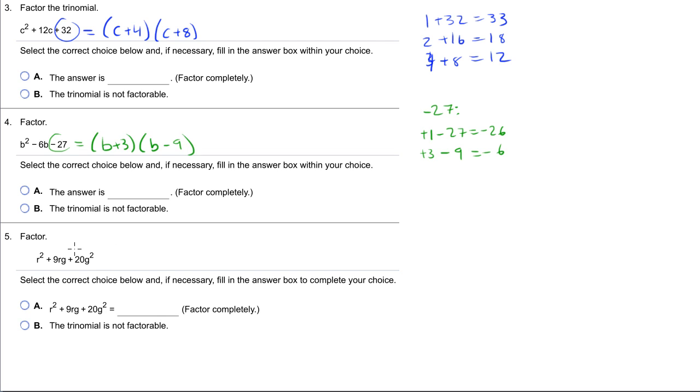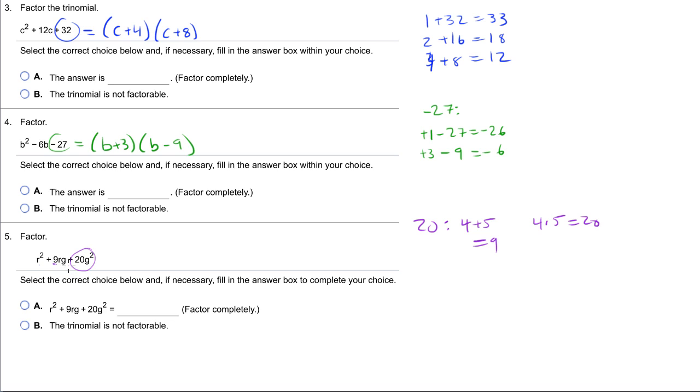Great. And then last on this page, we're going to have r squared plus 9rg plus 20g squared. And 20 is going to be what we're looking at here. So 20 pulls apart into 4 plus 5, right? 4 times 5 gives us 20. 4 plus 5 is equal to 9, which is this middle term.